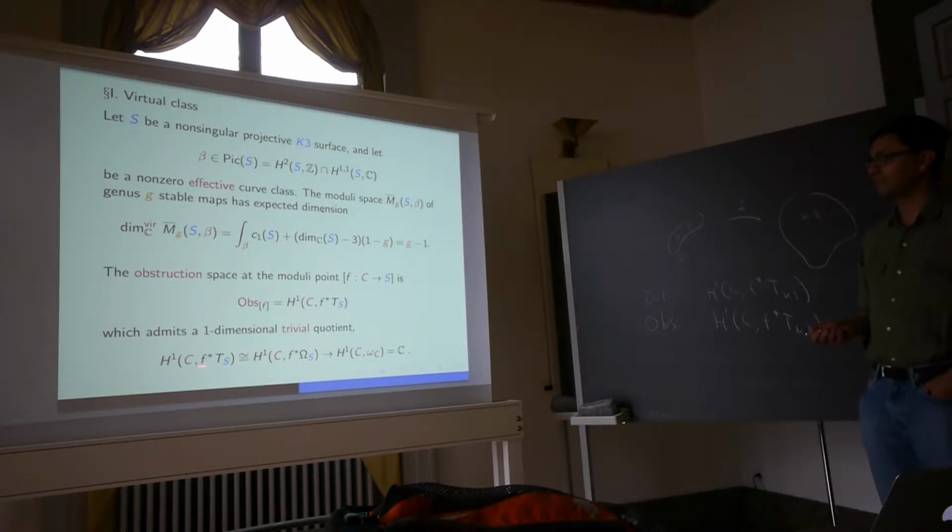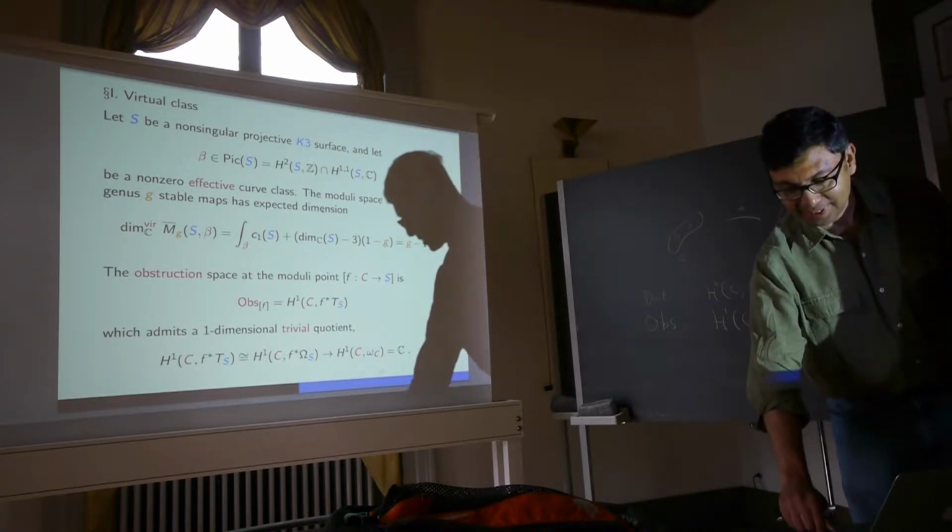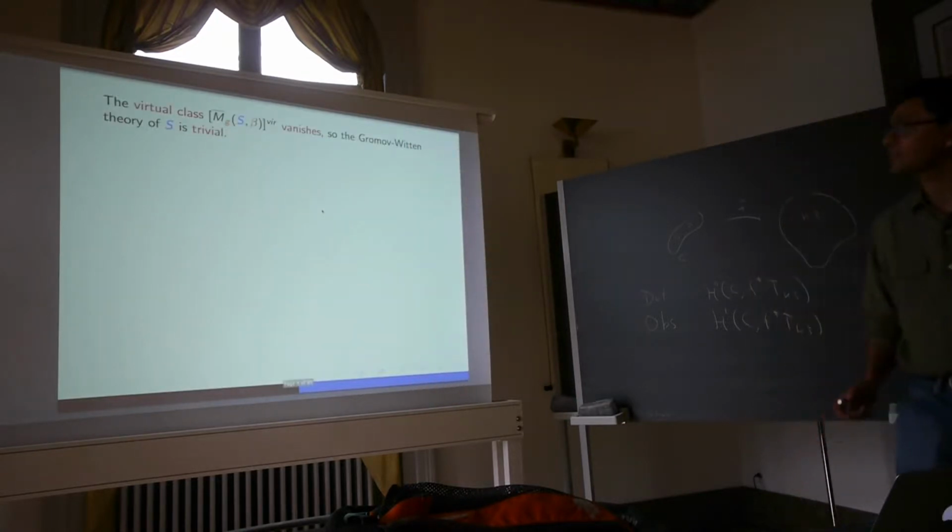Here there's H1, and because it's a K3 surface, the tangent bundle is isomorphic to the cotangent bundle. And from the cotangent bundle, we have a map this way by the differential. So that's the magical aspect of the K3 surface. This obstruction space has a special one-dimensional quotient.